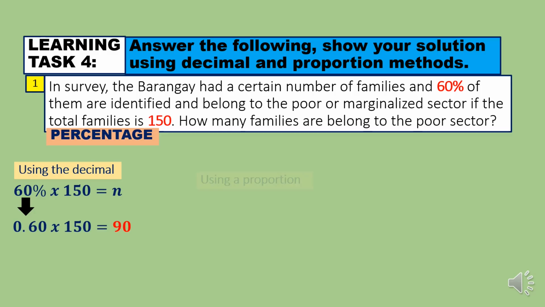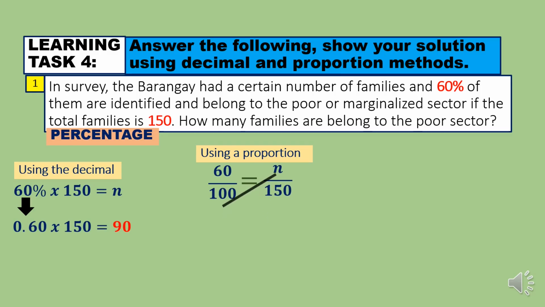So, n is 90. Using a proportion, 60 is to 100 equals n is to 150. 100 times n, that is 100n. 60 times 150, that is 9,000.